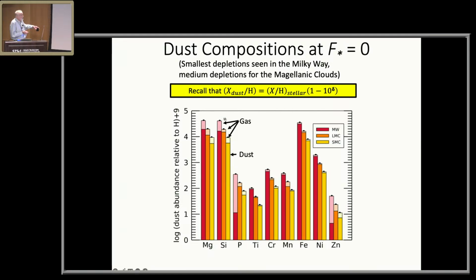Then the dust abundance is given by the tops right here, and what's left over for gas is this area in between. Again, 0.3 dex is a factor of 2. So you can see there are variations in the dust composition as you go from one system to the next.